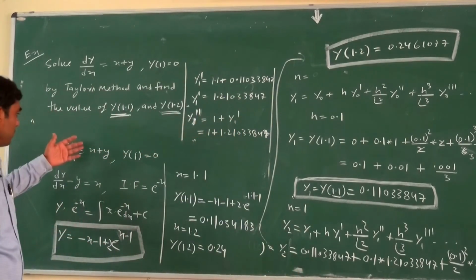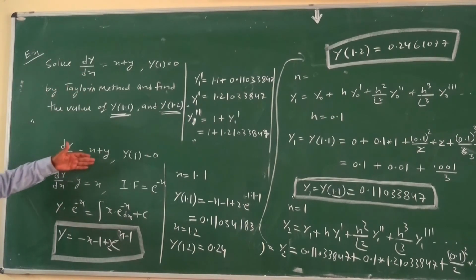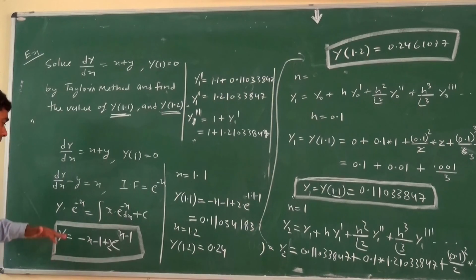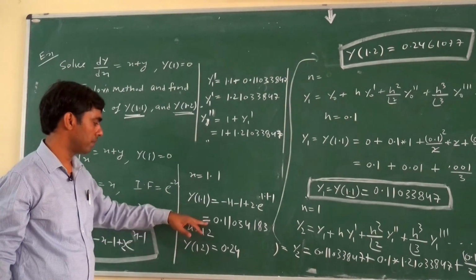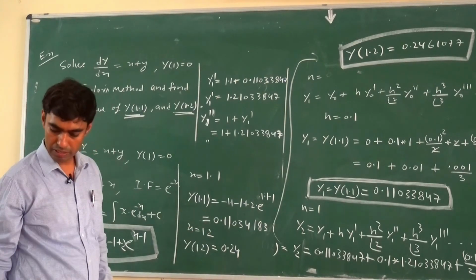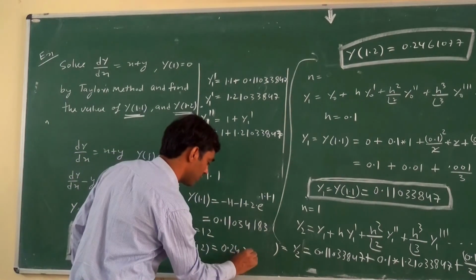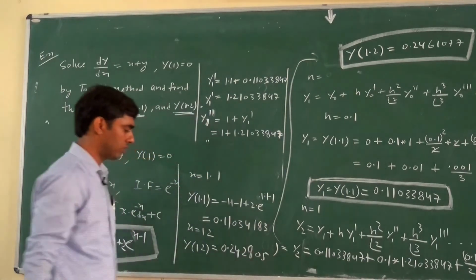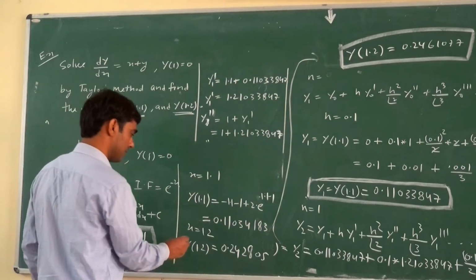After solving the differential equation dy by dx equals x plus y, that is dy by dx minus y equals x, a linear differential equation, with this integrating factor, this is the result. If we put x equal to 1.1, we get 0.1103483, and if we put x equal to 1.2, we get 0.242805.